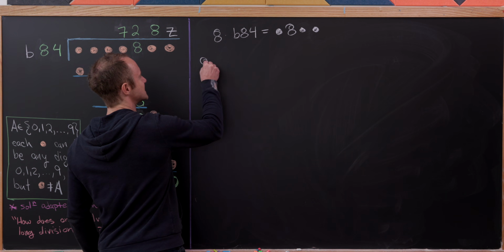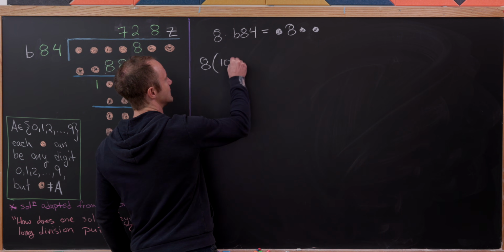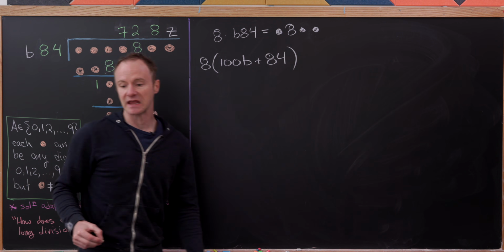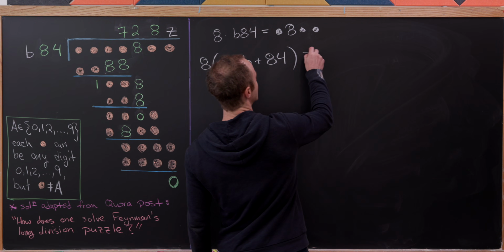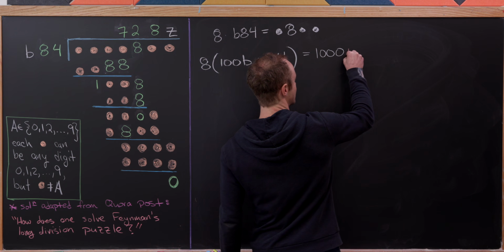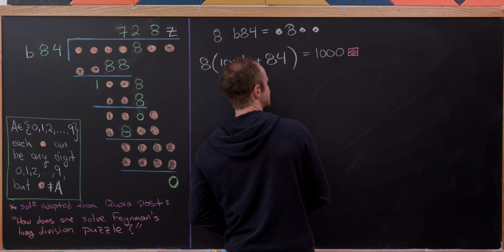So note that this is the same thing as saying 8 times 100b plus 84 equals, well, it equals 1,000 times something. So I'll put a pink box for that something.